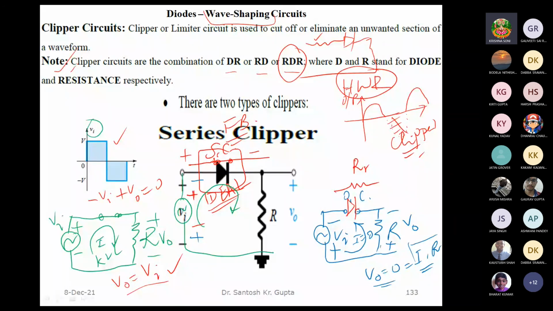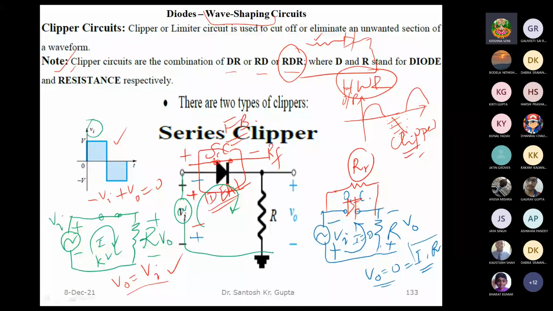Let us call it RR here. It may not be really open circuit, but may offer a very high resistance. So in that case, one can replace this diode by a resistance of very high value, which is shown by RR here. In the forward bias, this value we generally show by RF, and this is RR.